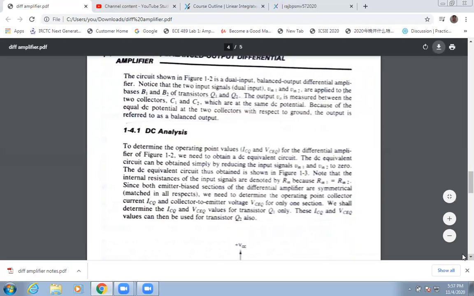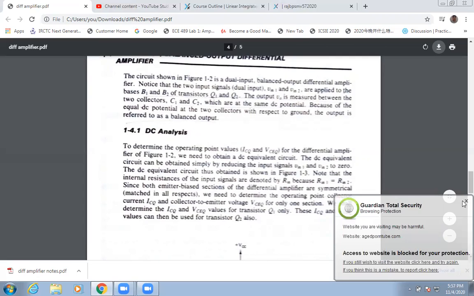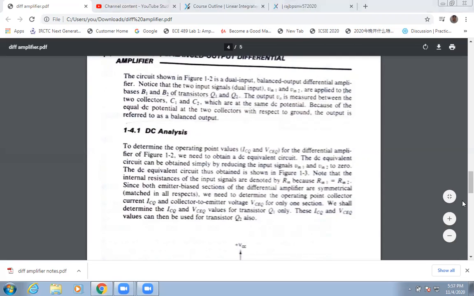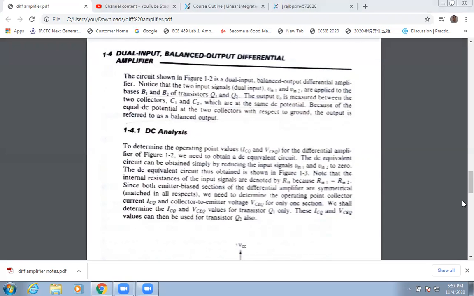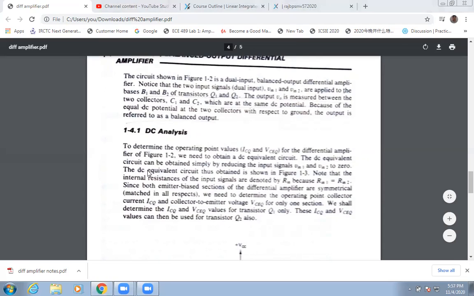The DC equivalent circuit can be obtained simply by reducing the input signals Vin1 and Vin2 to 0. Means we have to replace Vin1 and Vin2 by a voltage source with 0 voltage. The DC equivalent circuit thus obtained is shown in figure 1.3.